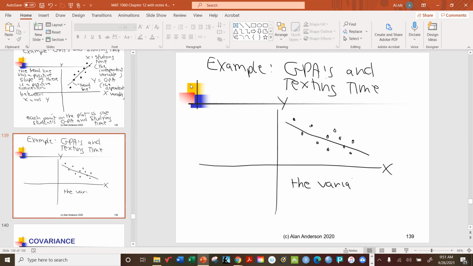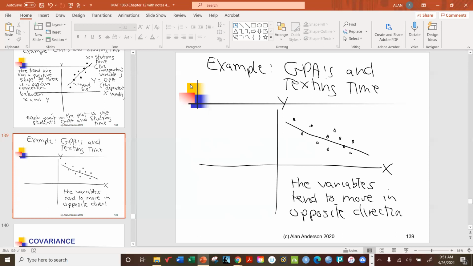The variables tend to move in opposite directions. Okay? And this, I hope, makes perfect sense. So we can say that there is a negative connection between X and Y.